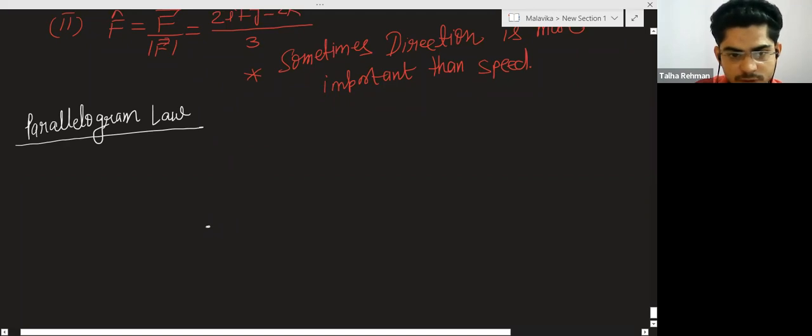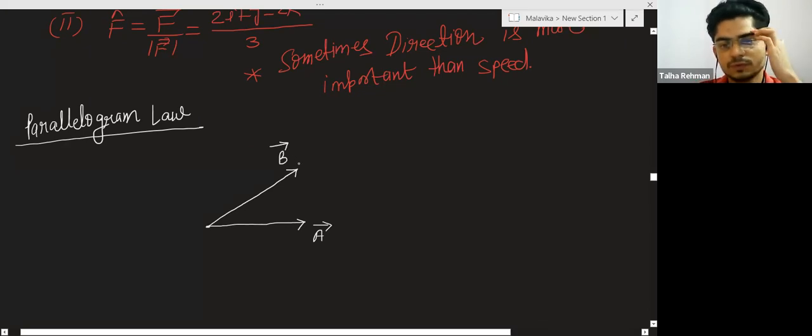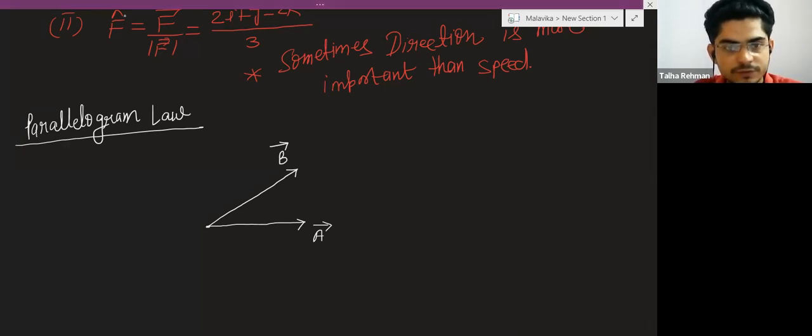Suppose here is a vector A in this direction, and from this point there is another vector, which is vector B. So actually this is a geometrical concept. What will we do?